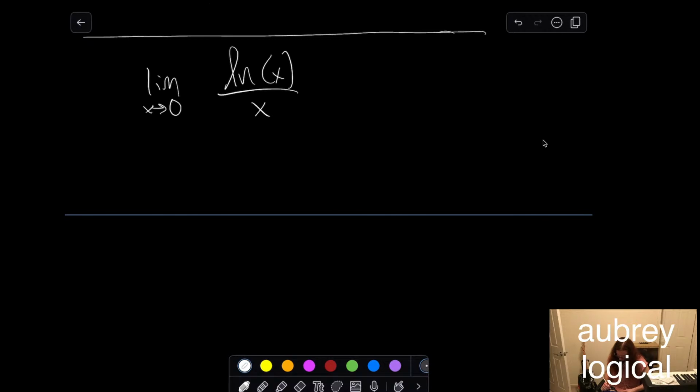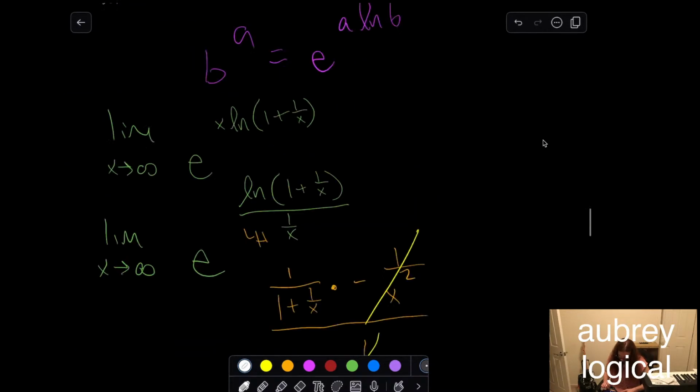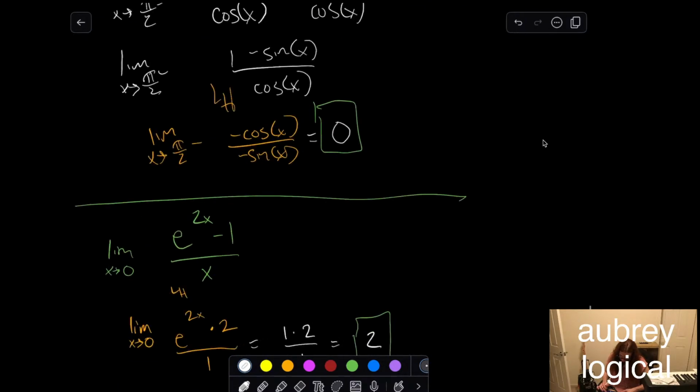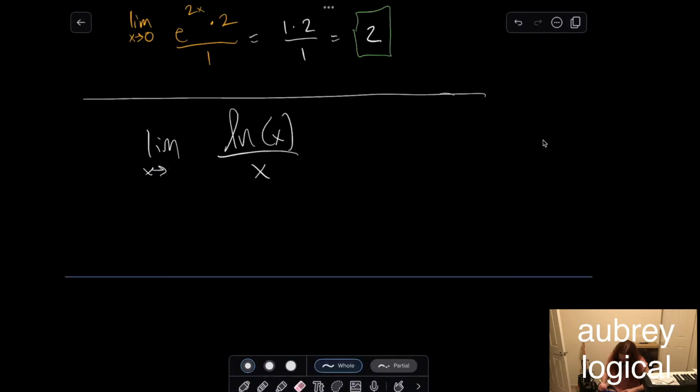Okay, so on our next problem, let me make sure I got the limit right. No, I didn't get it right. Okay, glad I checked. So plugging in, we have the ln of infinity, which is infinity over infinity, which is indeterminate, and therefore we need to use L'Hopital's rule again.